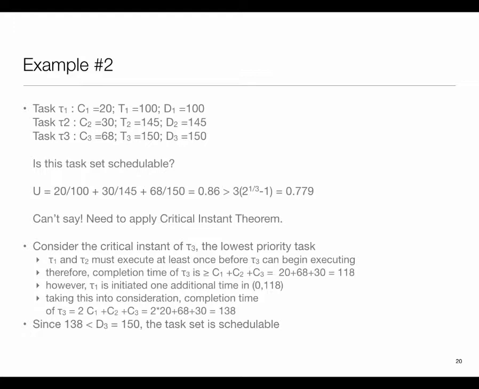So task 3's response time has to be at least 2C1 plus C2 plus C3. Add it up, it's 138. By that time, there are no more copies of task 1, no more copies of task 2, no more copies of task 3, so we are done. My response time is 138, and it's less than 150, so I'm good to go.